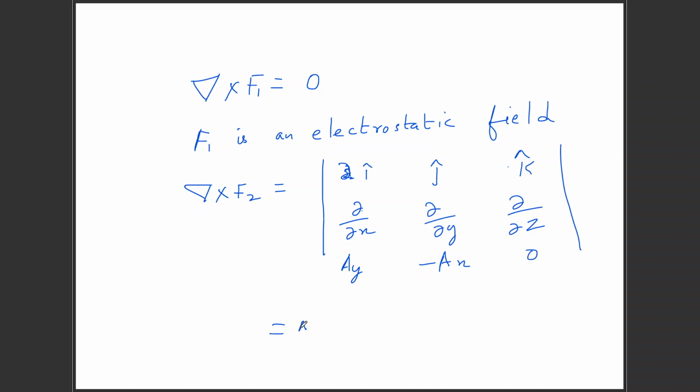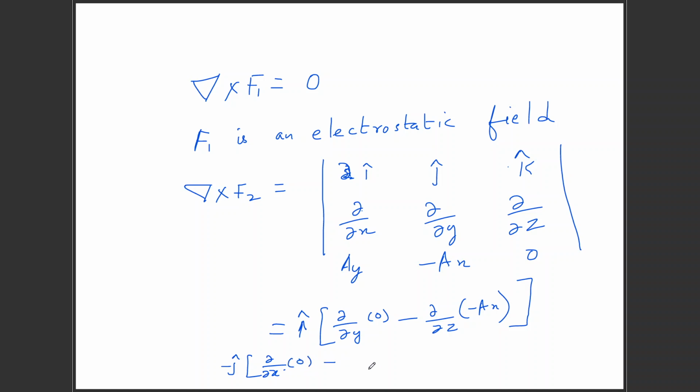So it is i cap times dou by dou y of 0 minus dou by dou z of minus ax, and minus j cap times dou by dou x of 0 minus dou by dou z of ay, plus k cap times dou by dou x of minus ax minus dou by dou y of ay.